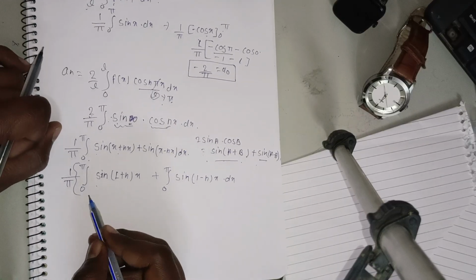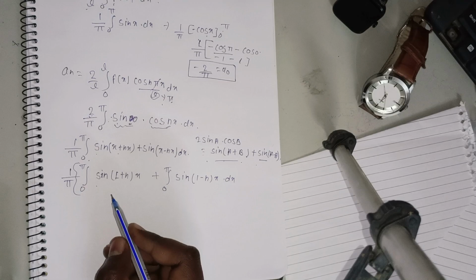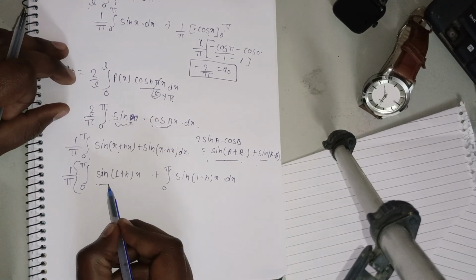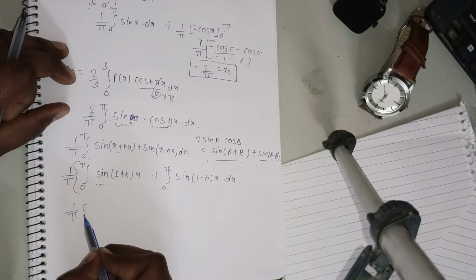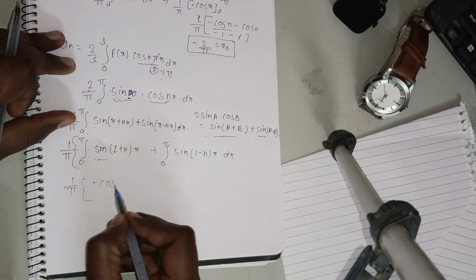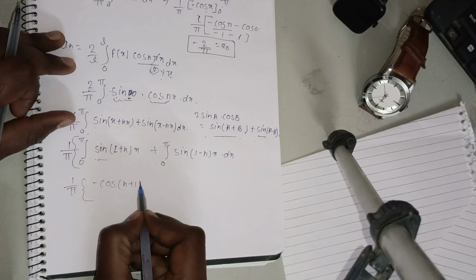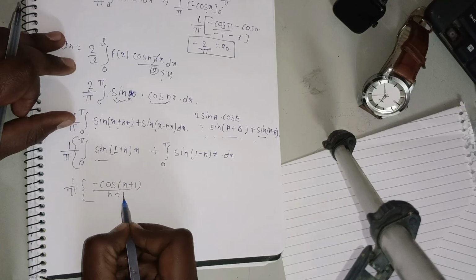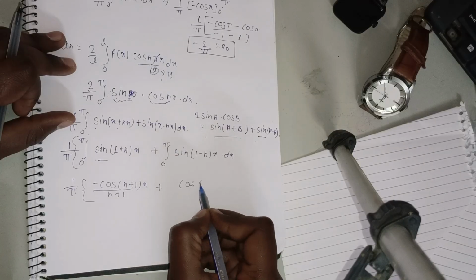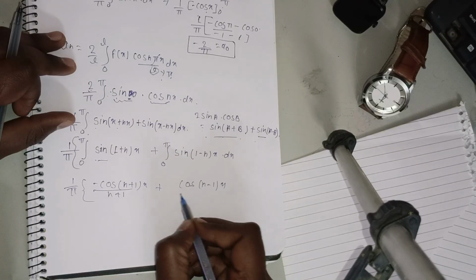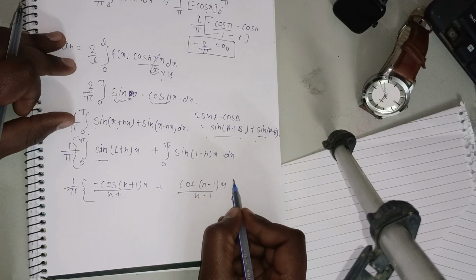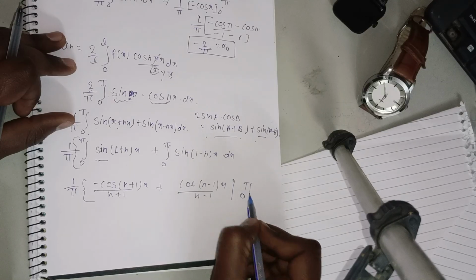Now simply integrate it. So 1 upon pi, minus cos((n plus 1)x) upon (n plus 1), plus cos((n minus 1)x) upon (n minus 1), from 0 to pi.